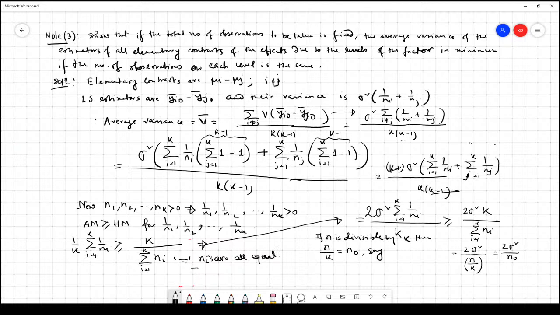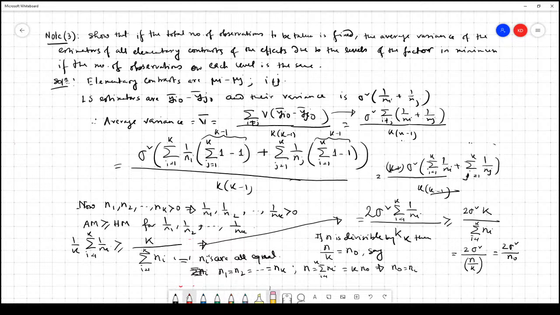That means if all ni's are equal, that means n1, n2, nk, and since n equals the sum over ni, i from 1 to k, suppose you take ni equal to n naught, then this is k n naught, so n naught equals ni, which is n by k, because this is divisible.